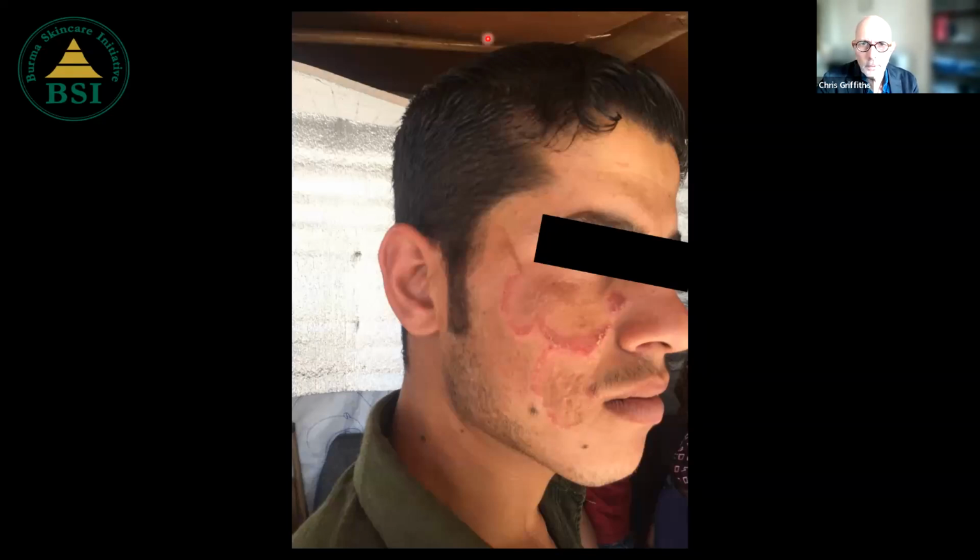And any thoughts what this might be? So very good, Frida, you've got it. So this is cutaneous leishmaniasis. Of course, the vector is the sandfly. This is a protozoa, and this is not the same as visceral leishmaniasis, or kala-azar, which affects the liver, particularly internal organs.